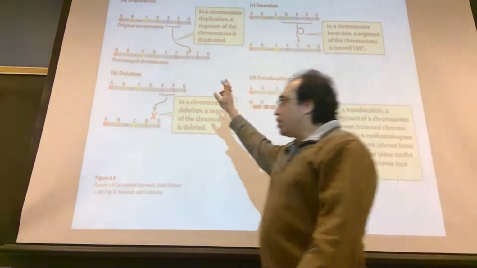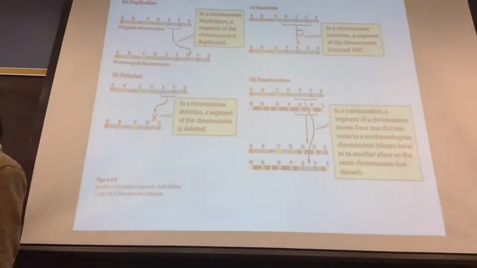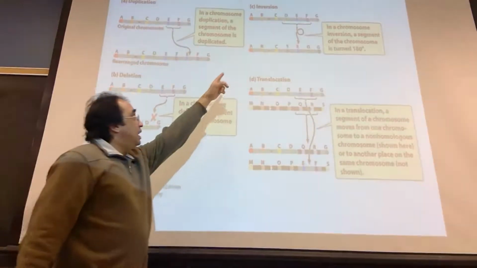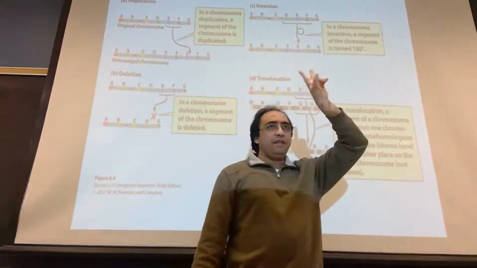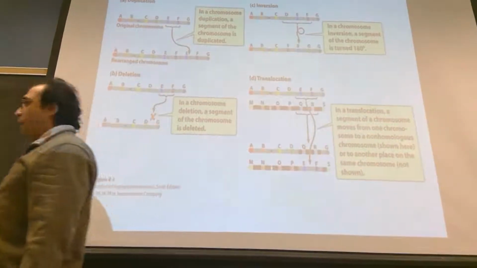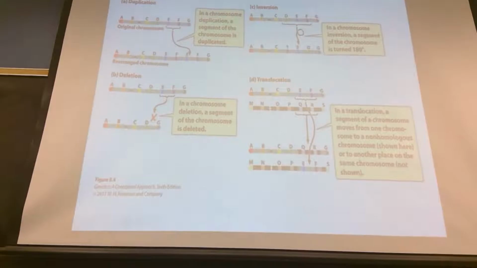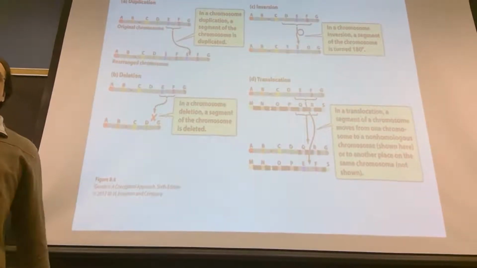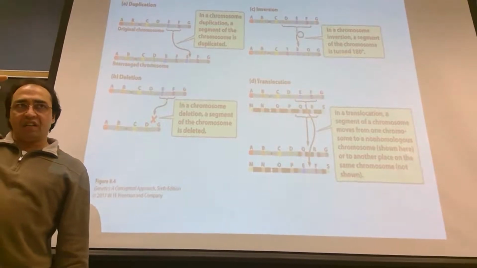So this is called deletion. Deletion of a part of chromosome. Okay. Now, in this case, DEF, there are 3 genes, but you could find here that DEF is in the opposite direction. Okay. So that is called inversion.